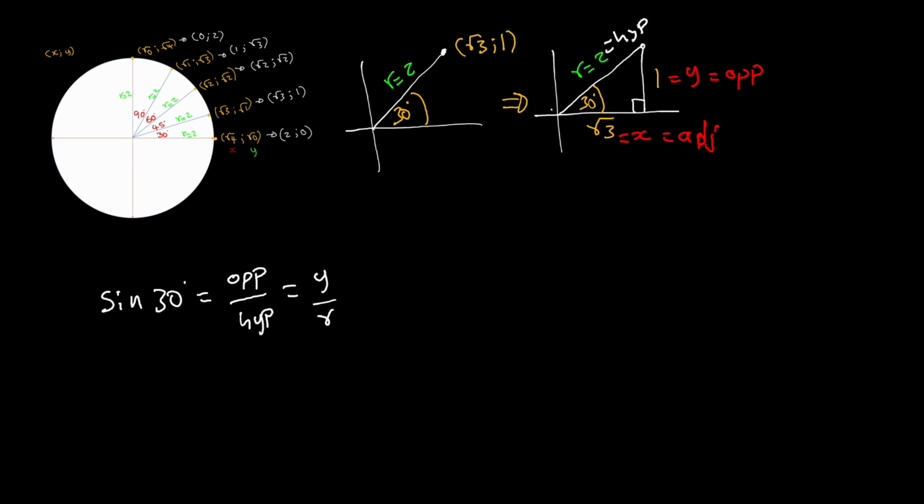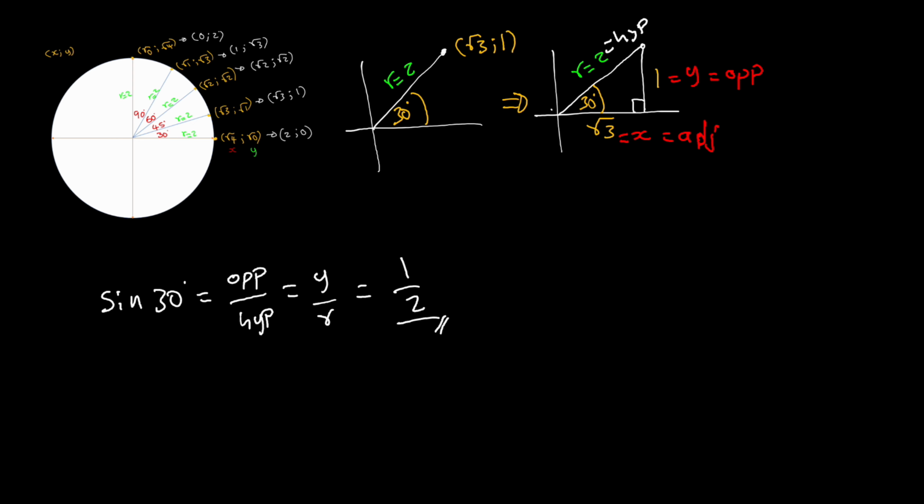So the value of r. All right, now, what do you have right here? You have the value of y as 1, right? So the value of y is 1 and the value of r is 2. What does it mean?